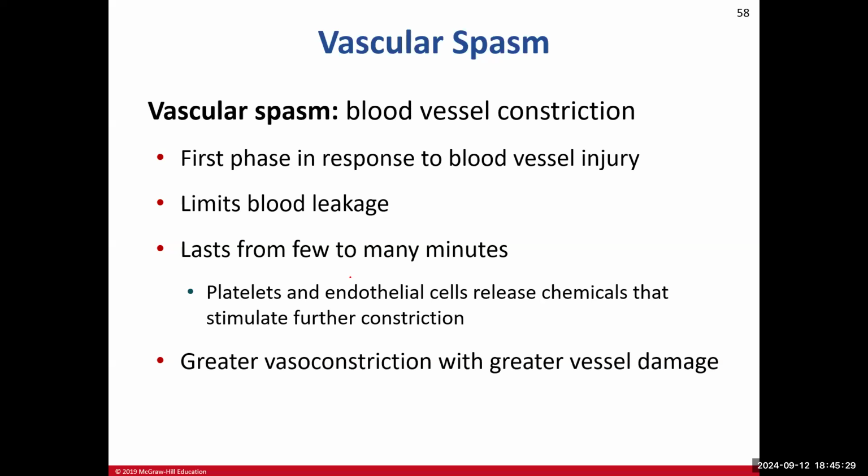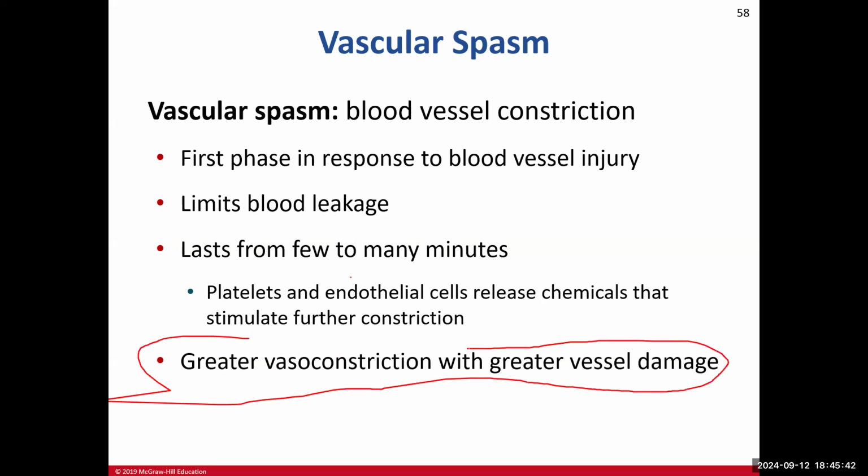Obviously, larger leaks or damage to the blood vessel will take longer. So we want to see greater vasoconstriction with greater vessel damage.